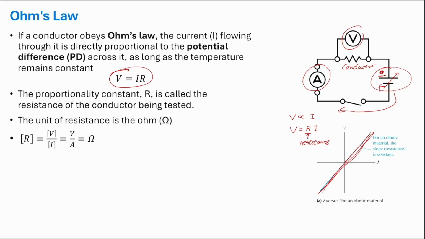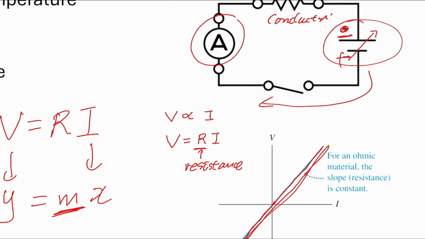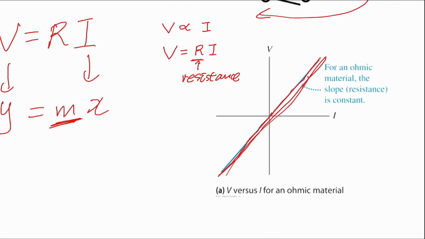If you plot this one, V equal to RI or IR, if you consider this is your Y, this is your X, so the slope is the resistance. And in this plotting, we can always find the gradient or the slope. This M is equal to R, and this is how much change over how much change.